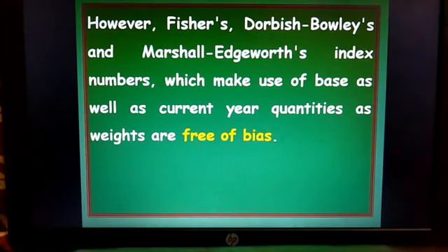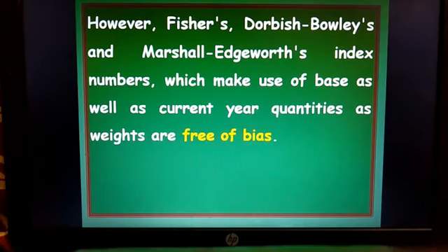Because they used to have only either base year or current year aspects as their weights, but not both. They were having only one of them. That's why the concept of bias was becoming possible.